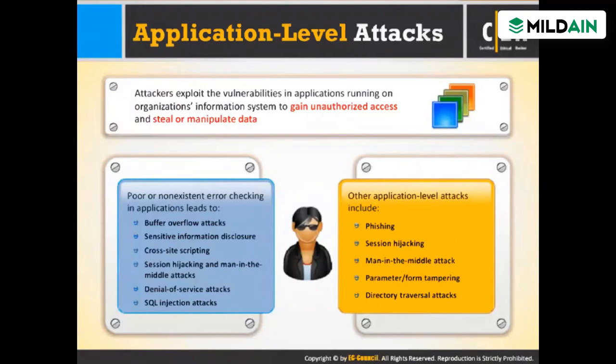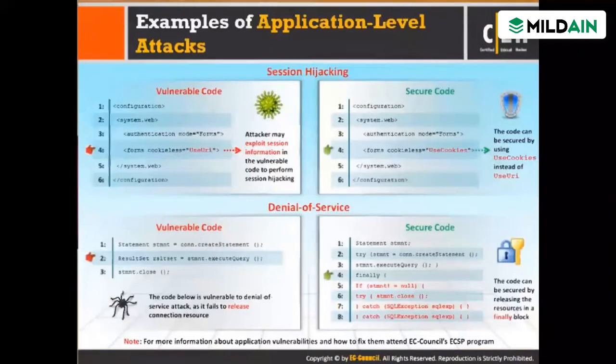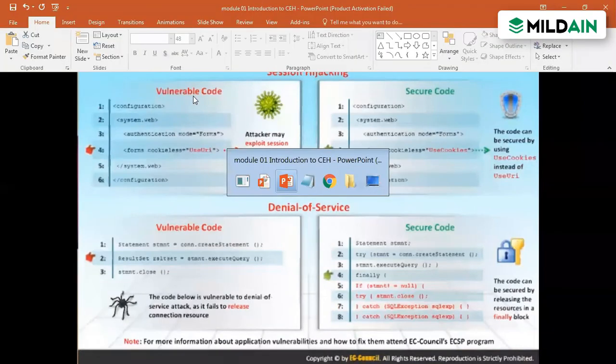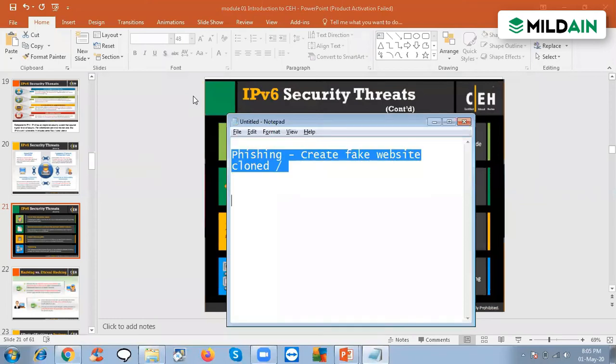So these are some of the important aspects of getting hacked. And now the next one is session hijacking. Session hijacking means, let us say that you are right now logged into your Gmail account.